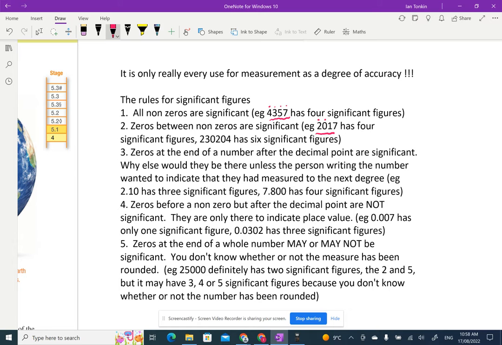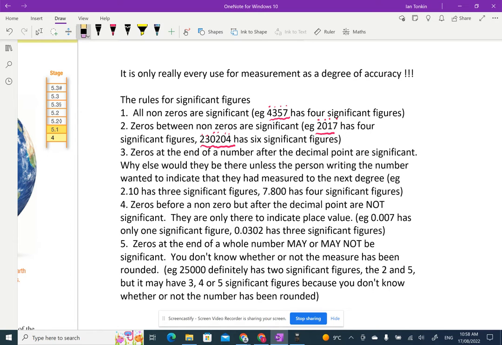I must have measured zero hundreds because I've gone one step further and measured the tens. Remember, it's telling me the degree of accuracy. And because I've then gone to the units, I've measured 7 units, or 4 significant figures. And the same happens here. This has 6 because I've measured that one, that one. I must have measured that one because I measured the one after it, and that one and that one. So zeros in between numbers are significant.